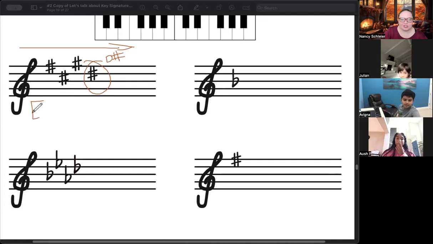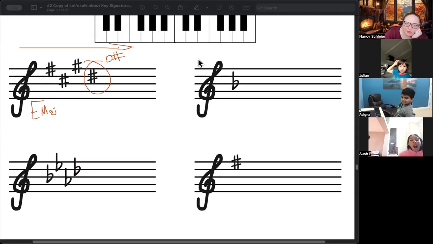So we get E major. All right, and then if we go down 3 half steps, so we go E. We're going to go down 3 half steps. So 1, 2, 3. This is our new note.